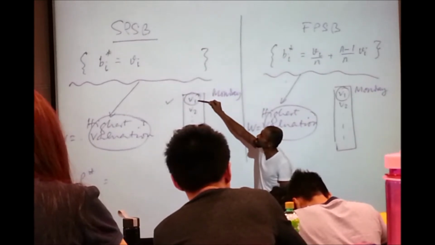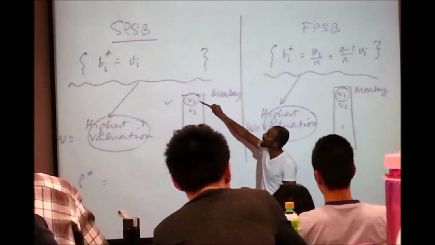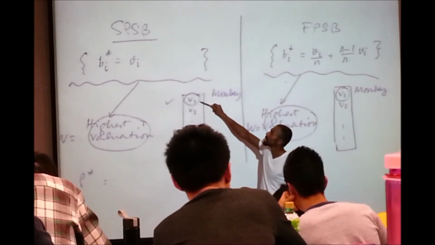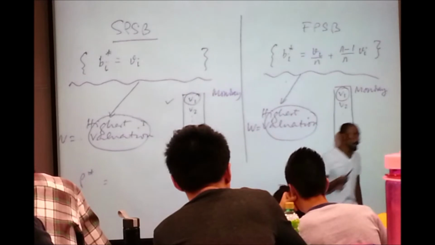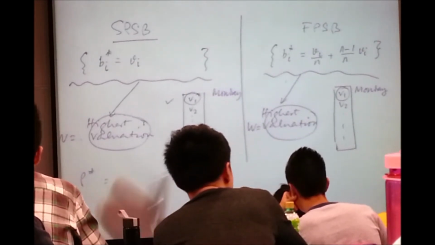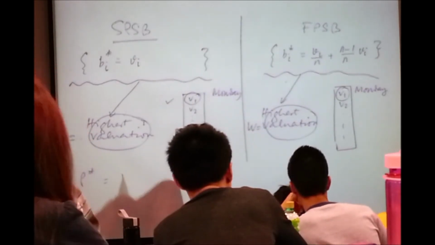This is bidder 1's bid, this is bidder 2's bid, this is bidder n's bid. This guy will win, but will he pay this price? No. In a second price auction, he pays the second highest bid. What is the second highest bid? This is the second highest bid. Therefore, the price that is generated in a second price sealed bid auction using my Monday class is the second highest valuation, b2.